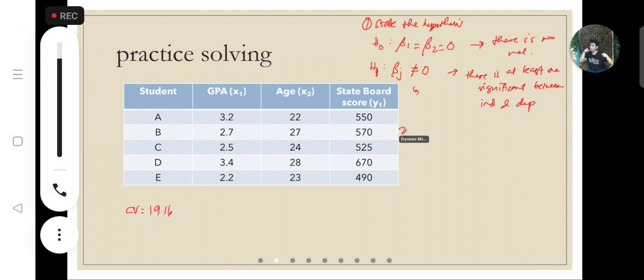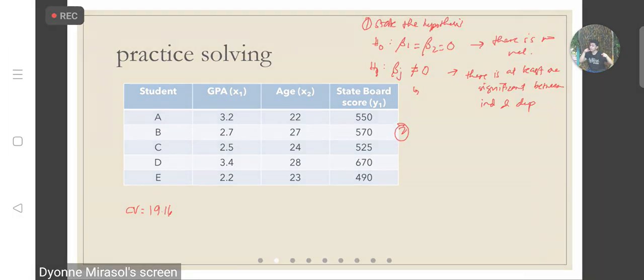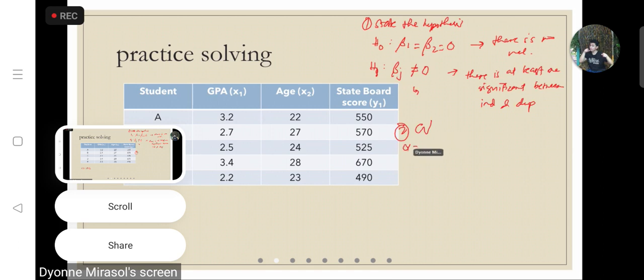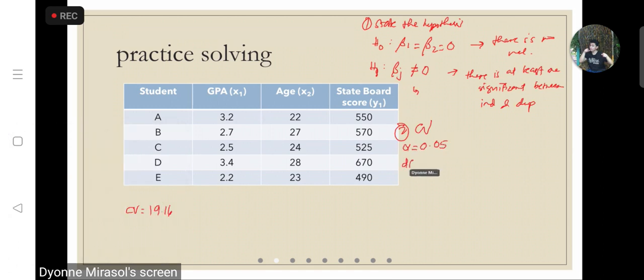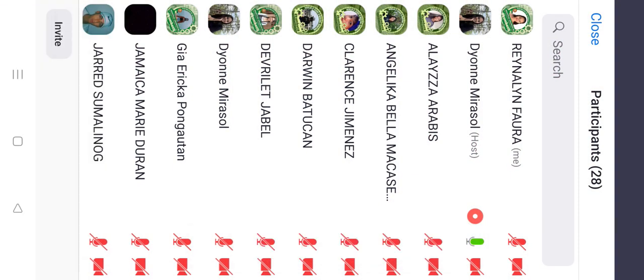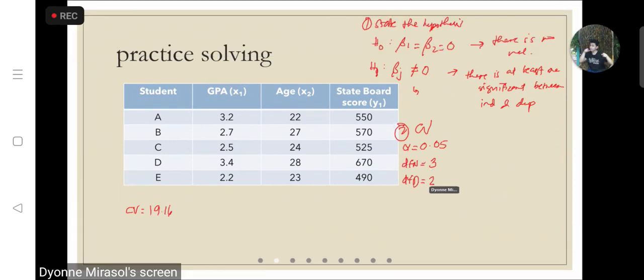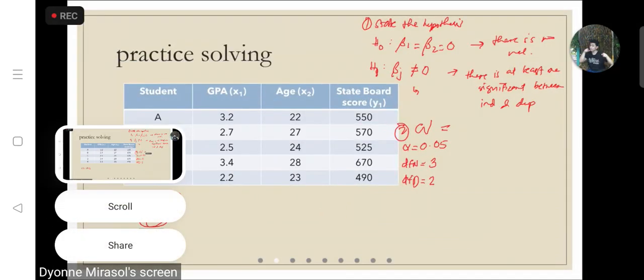Next is finding the critical value. We still use the confidence level of 0.05. Our degree of freedom for the numerator was 3, and for the denominator is 2. Therefore, our critical value was 19.16.